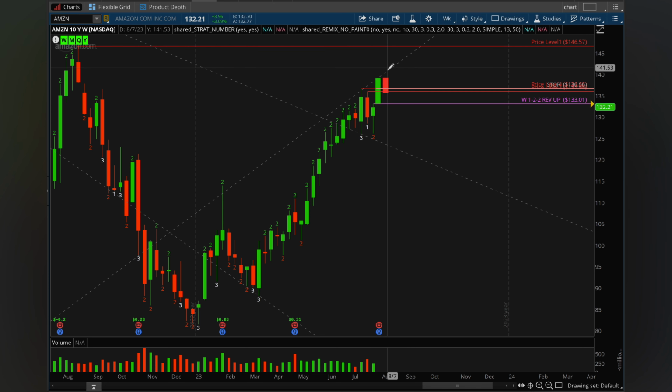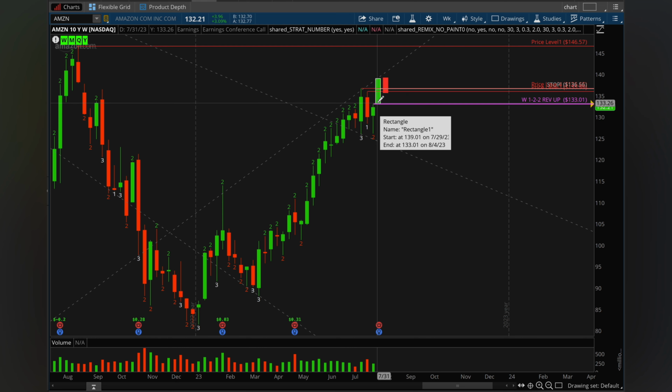As you can see, we got these broadening formations, which possibly we get magnitude up to here and probably project here, and that's what you get on the next week. A 122 rev strat is a pretty good strat to trade because you had the consolidation, sold off, buyers brought it back up. You close that week like this, so you'll be going into the next week looking for a move. 1 penny above here, you're entering.